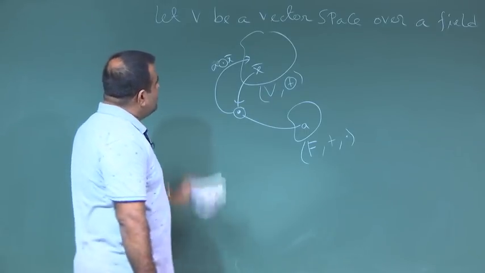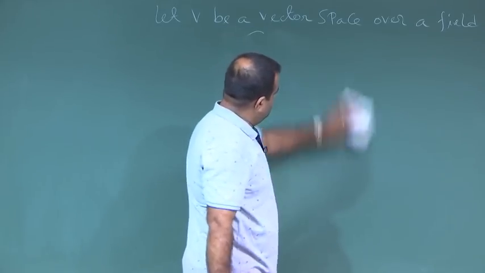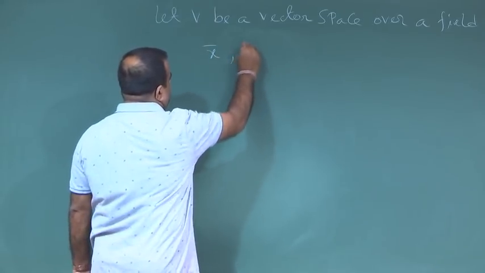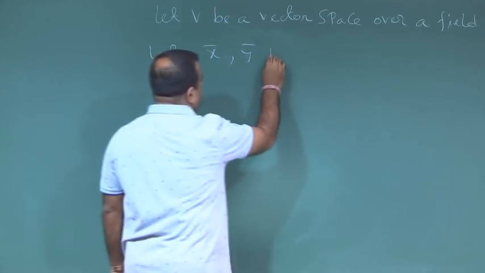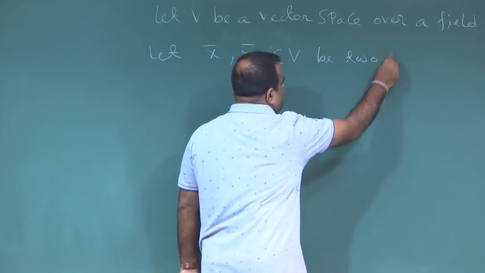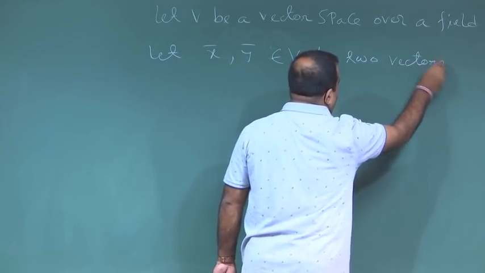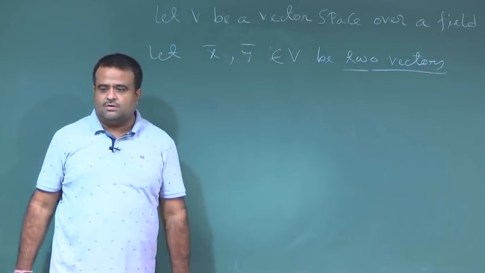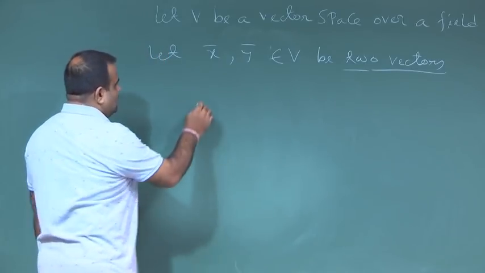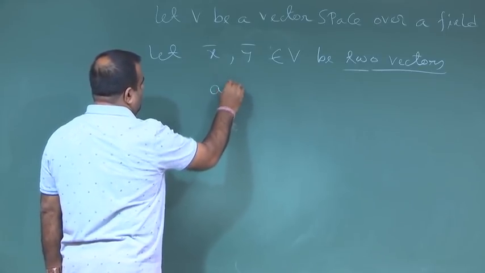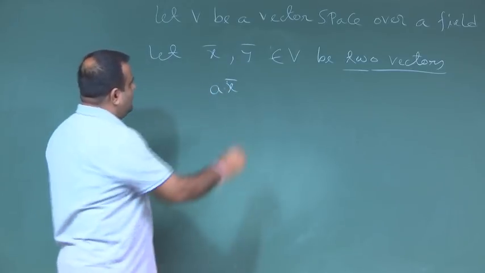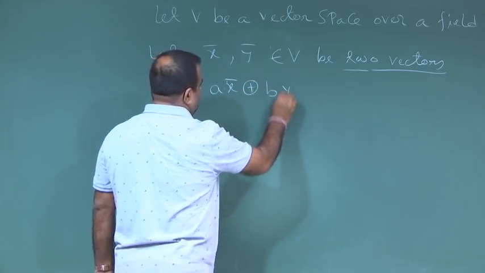Okay. Now, suppose we take two vectors x and y from this vector space, let x, y belong to V. Elements of V are usually called vectors and elements of F are usually called scalars, but they are just sets. Then, if you take say a and b, this is a x plus b y.